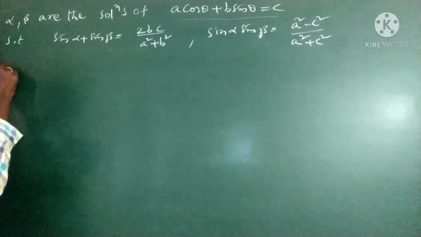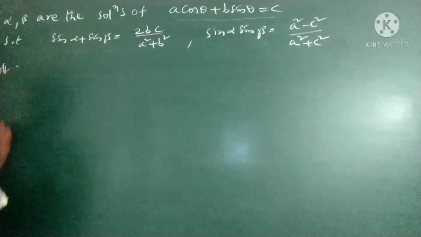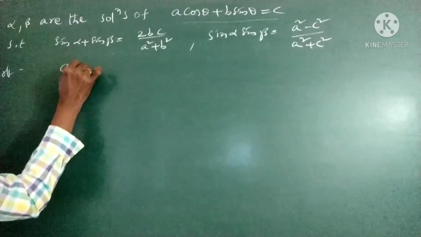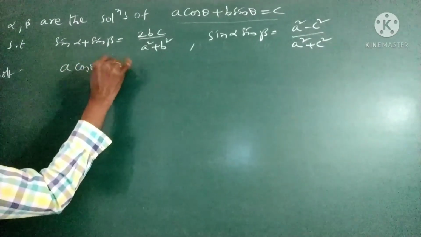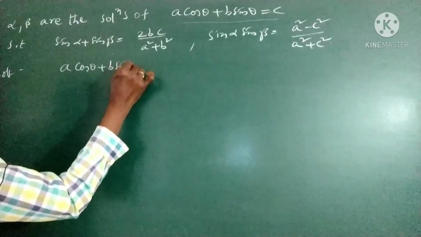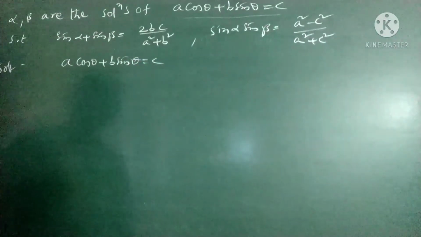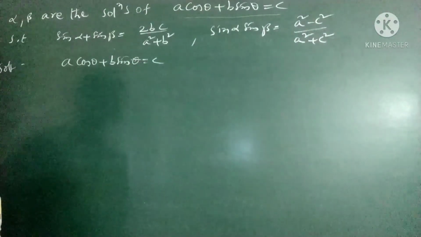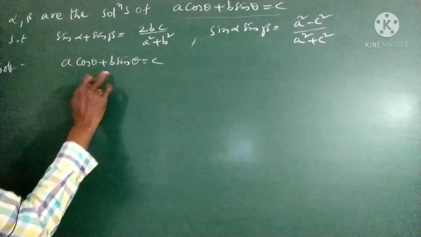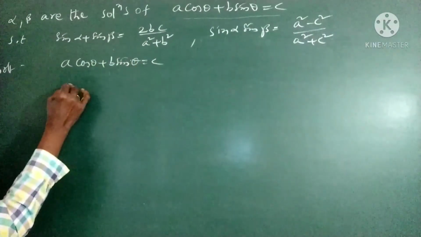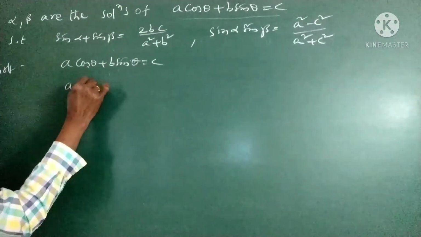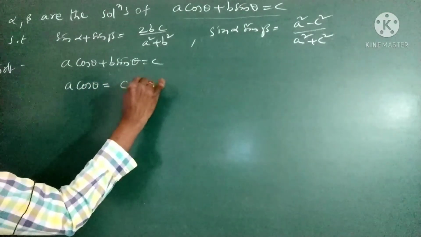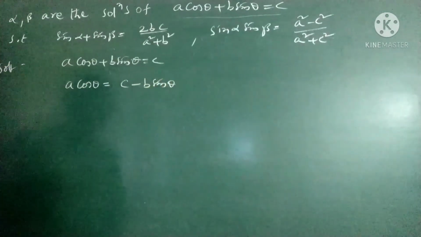Converting that, the given expression is a cos theta plus b sin theta equals c. We have to convert this into the sine function. To convert that, let us take the sine function to the other side: a cos theta equals c minus b sin theta.